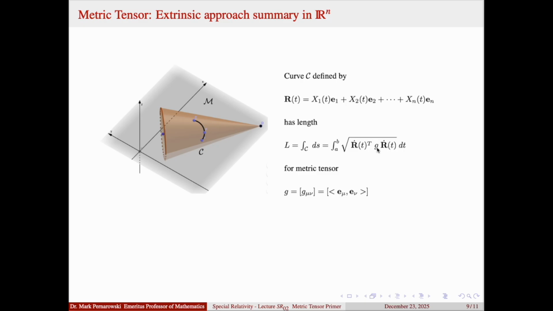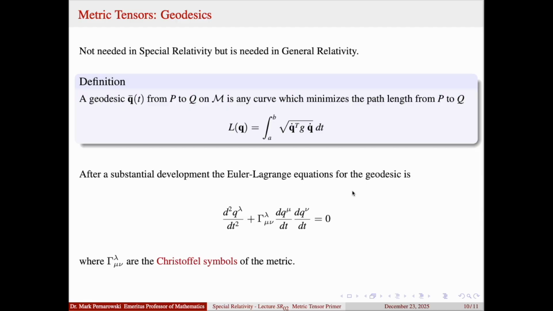You find the metric tensor by dot producting all of the basis vectors to form a big matrix. Then you take that matrix, and here's the formula which gives you the length of the curve. Now on this slide, this is a little different. I've got the length of that curve, but I've added something else in here: the notion of something called a geodesic.